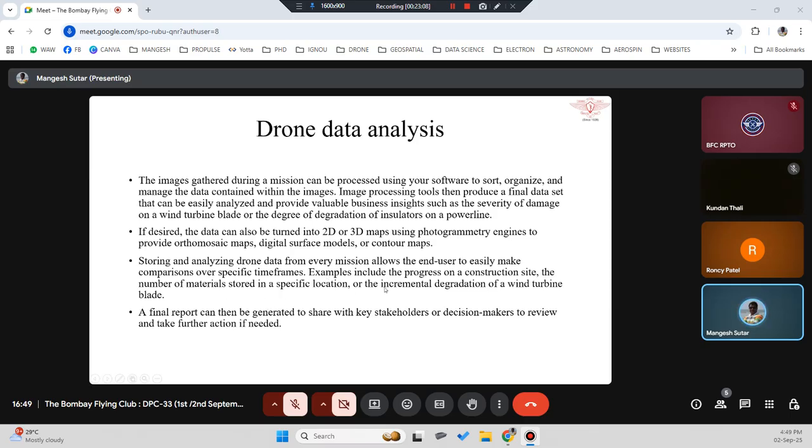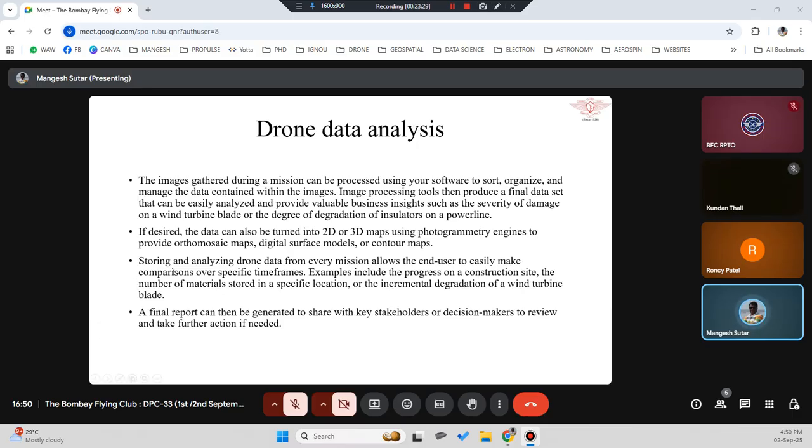Okay, so for a specific location, we can also see the incremental degradation of a wind turbine blade over a period of time. Especially in geographical data, a lot of times the rivers change course, or their course becomes wide or small depending on the period of time.